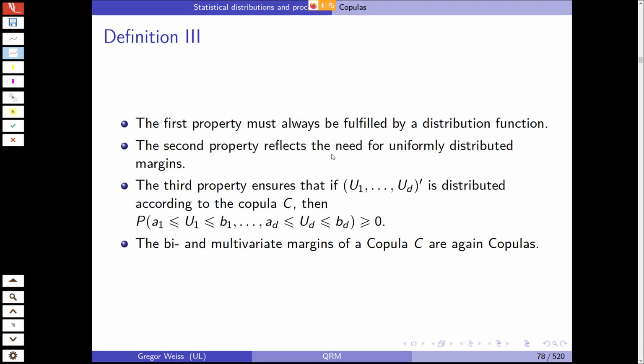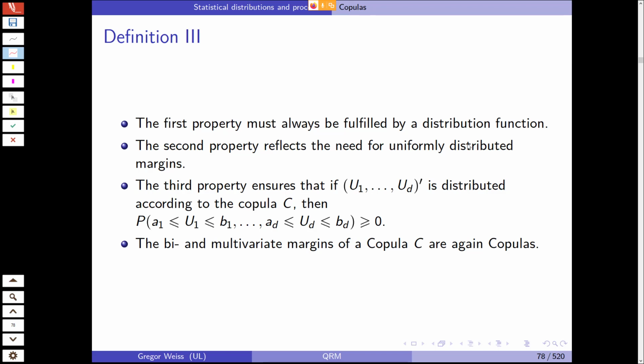The second property reflects the need for uniformly distributed margins. So the marginal distributions are uniform. In German we would say gleich verteilt. The same as with a discrete dice, so 1, 2, 3, 4, 5, 6. If it's a fair dice, it should be uniformly distributed.